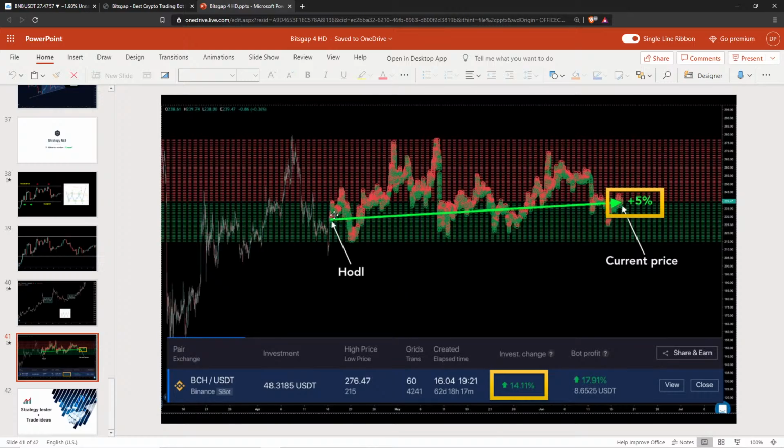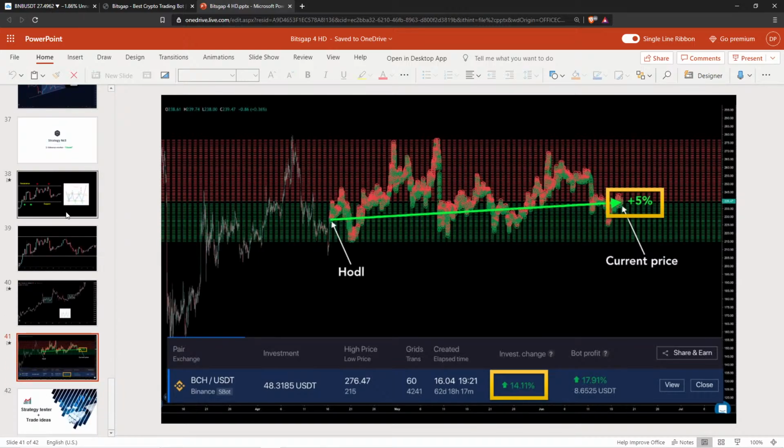And that's because of the bot generating profits on these market swings during this period of the sideways market. So here's the perfect example of how automation at Bitsgap significantly outperforms an ordinary hodl strategy on this sideways market.